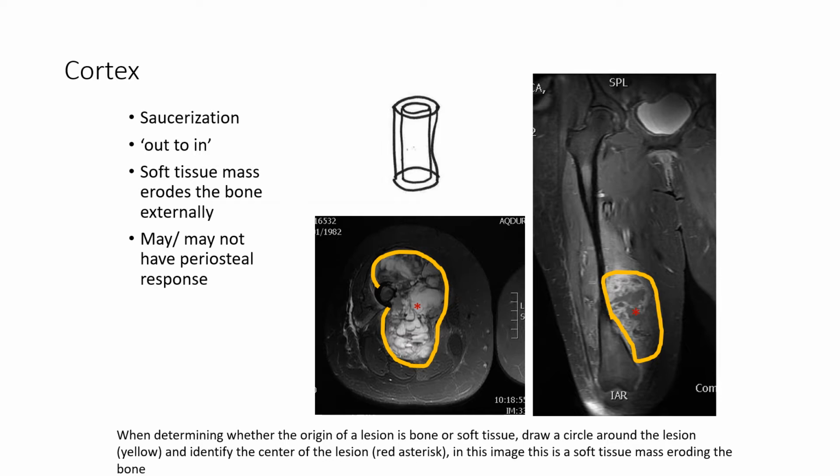And if we put our finger in the middle right where that asterisk is, that's usually where the tumor originates or starts, telling us that this is a soft tissue mass because that's where the central portion of the mass is, pushing its way into the bone as opposed to a central mass extending out. It's unusual for a soft tissue mass to push out eccentrically from the bone. You would expect that a soft tissue mass emanating from the bone probably will be circumferential.